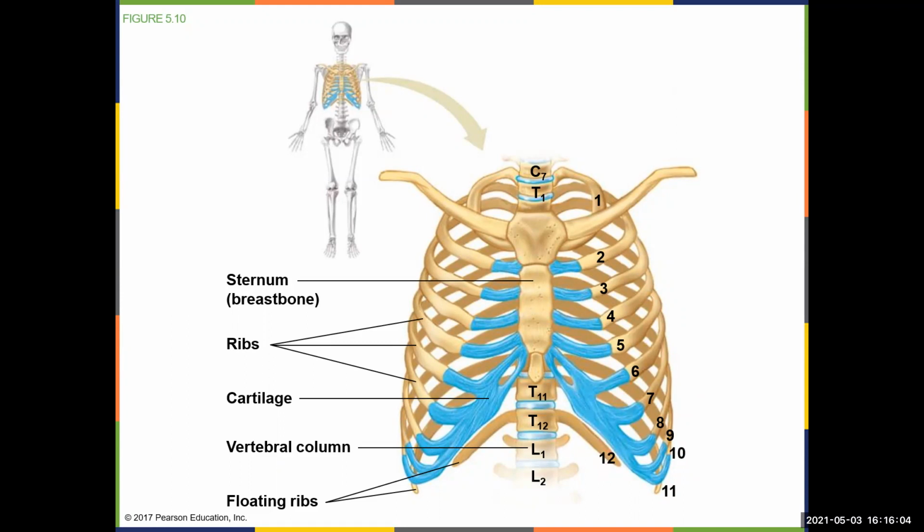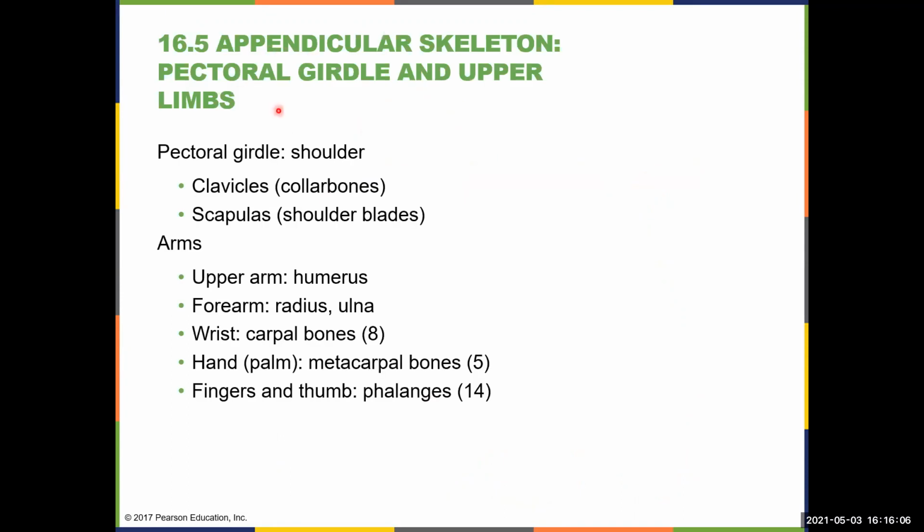Now, after your axial skeleton, we're going to focus on the appendicular skeleton. So the appendicular skeleton has an upper area that's made up of the pectoral girdle and your upper limbs. The pectoral girdle is your shoulders, which is made up of your clavicle bone, which is your collarbone, and then the scapulas, which are your shoulder blades.